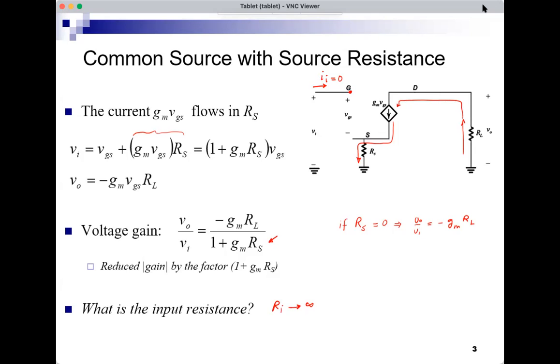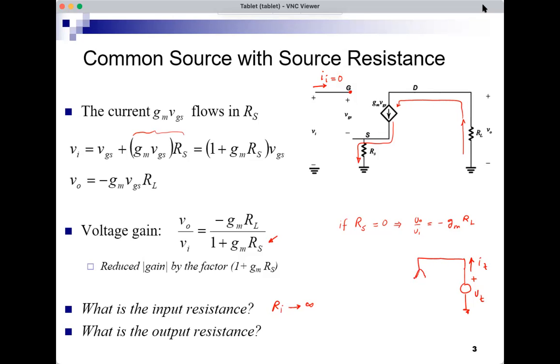All right, so now we have voltage gain and input resistance. And what about output resistance? The output resistance here is, let's use the definition. I would disconnect RL, replace it by a test source, V test, and I want to find I test. So this is replacing the load.